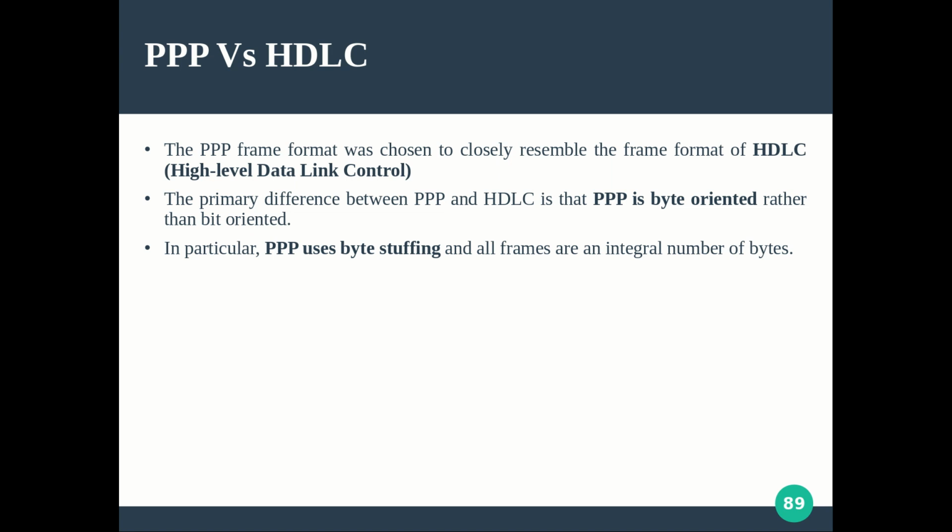Now the escape sequence itself can appear in any message, and at that time you stuff an additional byte along with every occurrence of this special pattern, whether it is an end delimiter pattern or the escape pattern. We have already seen that byte stuffing concept, and I think it is very clear in your mind. The same thing is used in the PPP protocol.